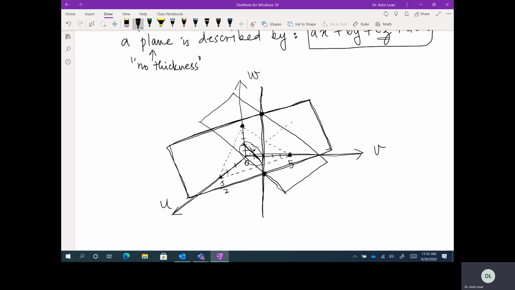Let me say this one is 2u plus v plus w equals 5. If this 5 becomes a 0, this plane passes through the origin over here. This is independent of w. No need to sketch it in the negative w axis because the other plane is in the positive axis. So independent of w, this line is 4u minus 6v equals minus 2.